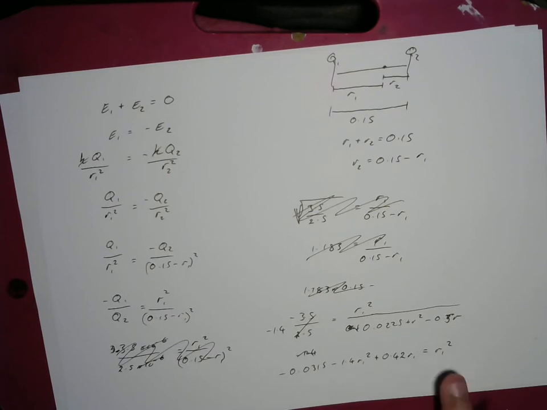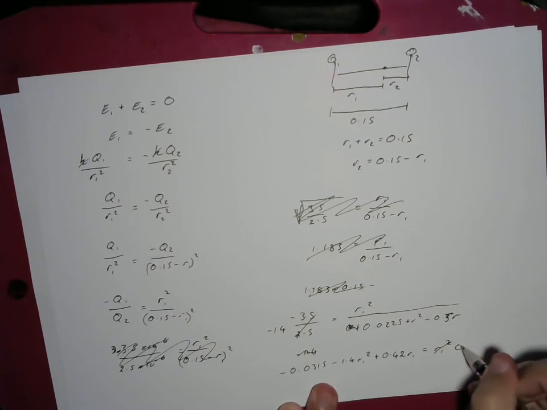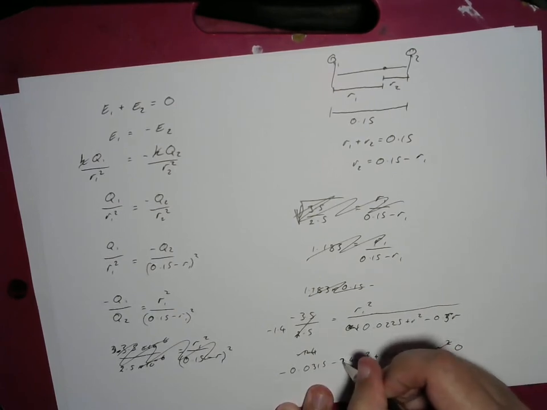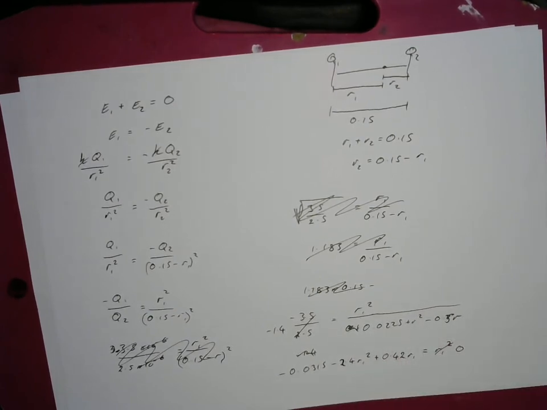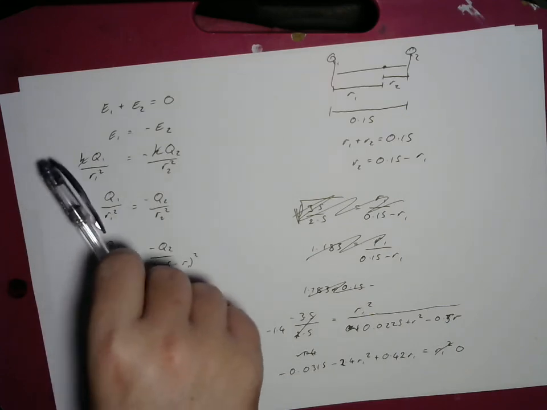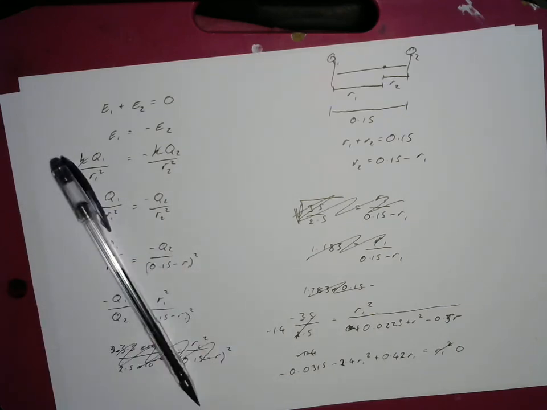And then we can subtract this R1 squared to the other side. So I'm just going to get rid of that and say that is now 0, and this will be negative 2.4 R1 squared. And we have just a quadratic. It's not a pleasant looking quadratic by any means, but it is just a quadratic. Now, you are expected to be able to use the quadratic equation.